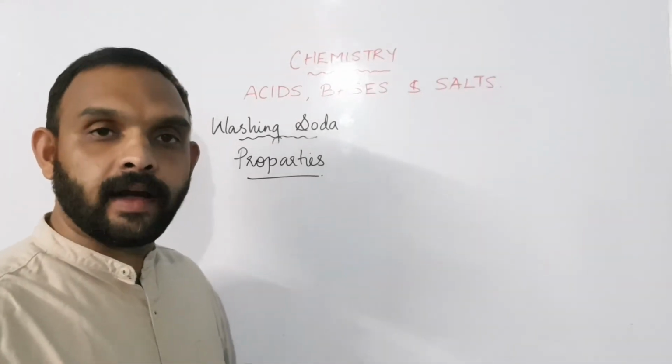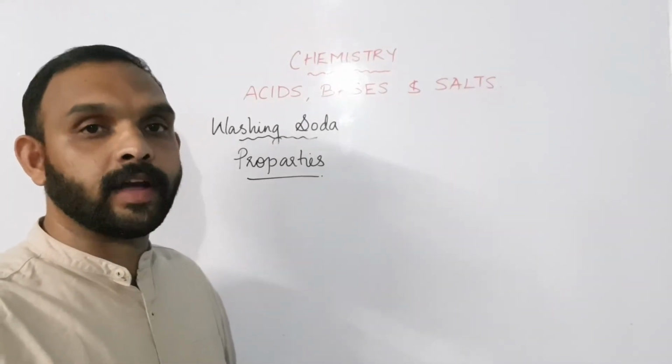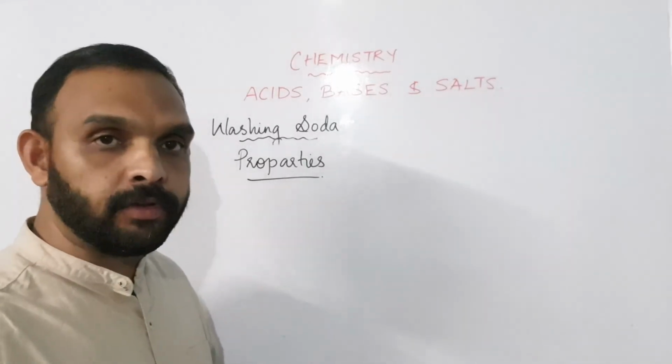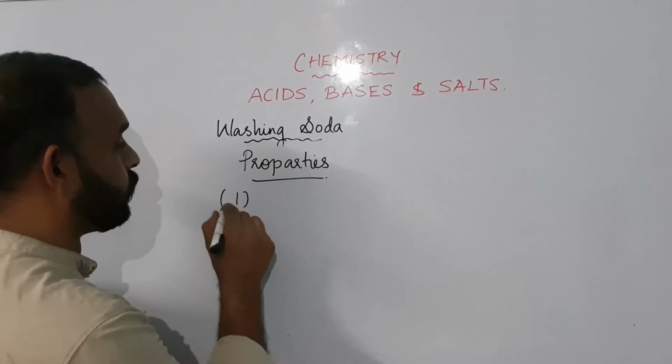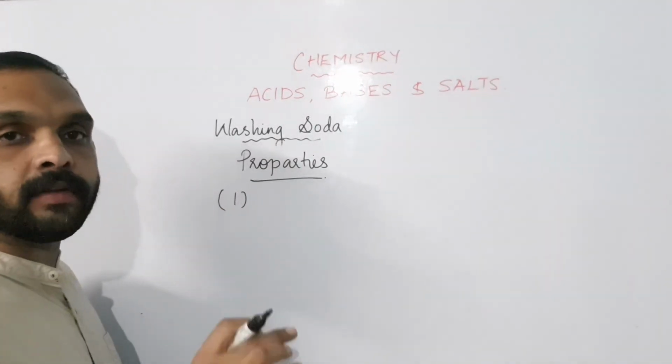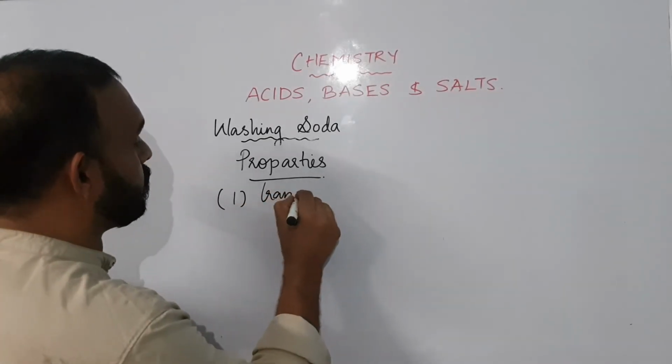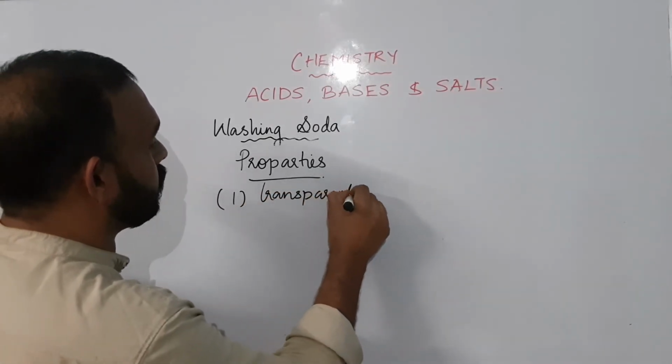Its properties are many, but we have to study 4 important properties of washing soda. As usual, the first one, all of you know that it is a transparent crystalline solid.